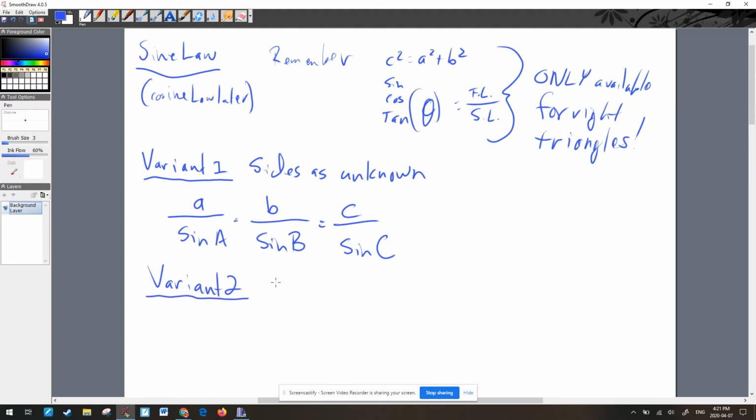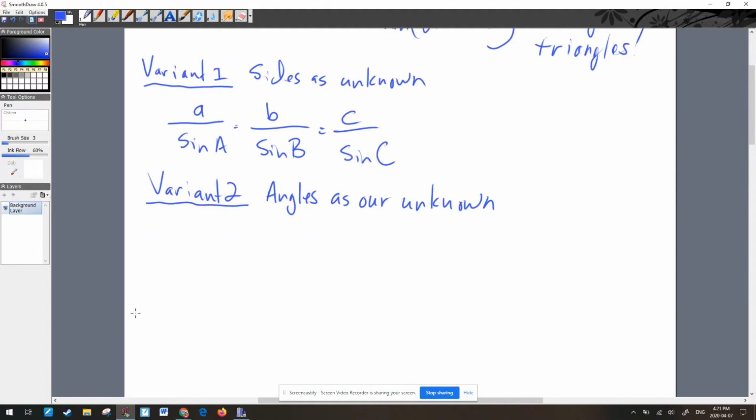And this is when we're looking for the angles as our unknown. So if we're solving for angles, this is the easier variant to use, although they'll both work. It's pretty much the same thing, but we're going to turn it upside down. So instead of being a over sine A for variant 2, we're going to have sine A over a equals sine B over b equals sine C over c.